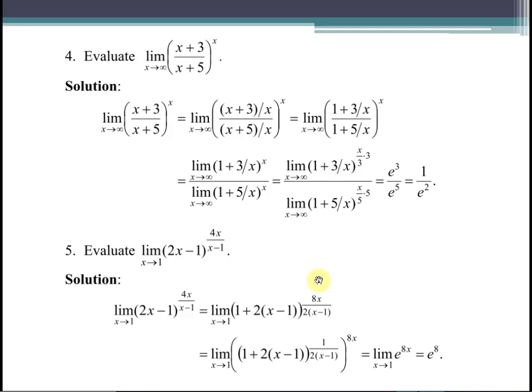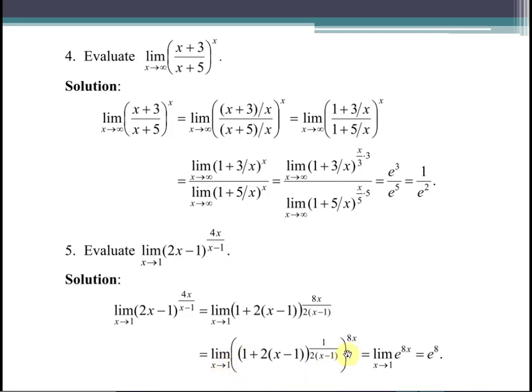So what do we get here? And then it gives to us just 1 plus this one, the power of 1 over 2x minus 1. This is number e.